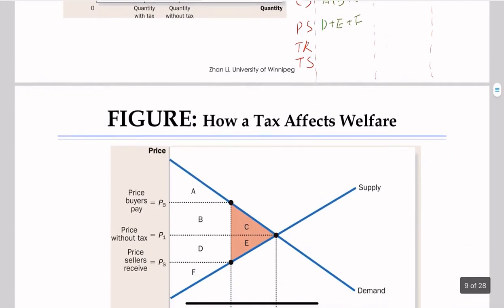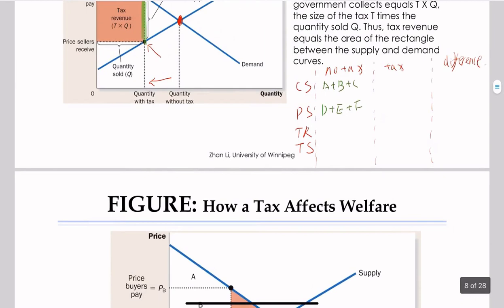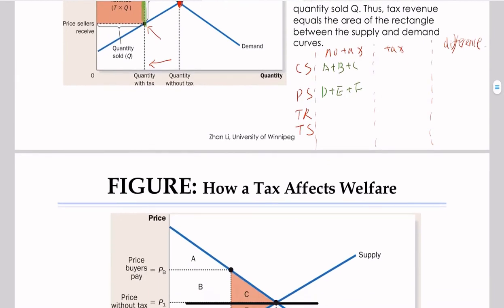Now, what is tax revenue? Well, now we're considering the case without tax, so the tax revenue is just 0. Now, what is the total surplus? Total surplus is the sum of consumer surplus, producer surplus, and tax revenue. So here, total surplus is A plus B plus C plus D plus E plus F.